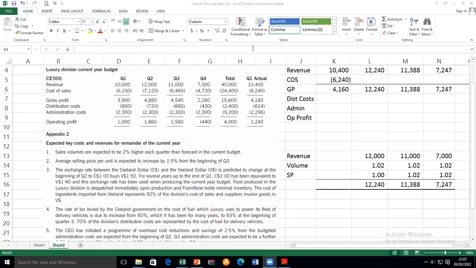I want your comments now. When these figures were being prepared here, there was a conversion that took place. So I want your comment about what it is that happened so that we can make some changes.